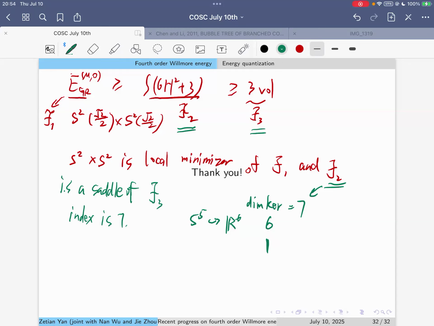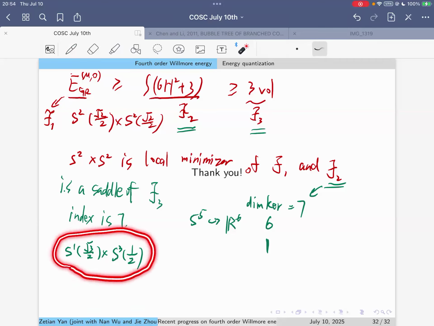However, here is one more observation. If you consider S1 times S3, you will find that this is no longer a critical point of F1.